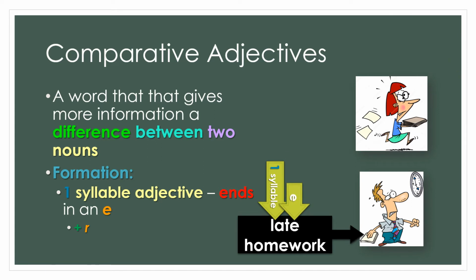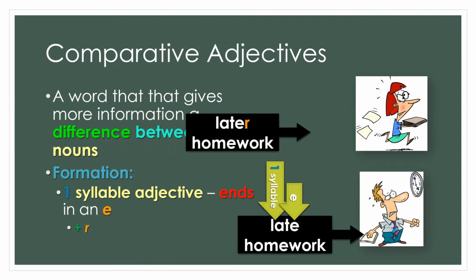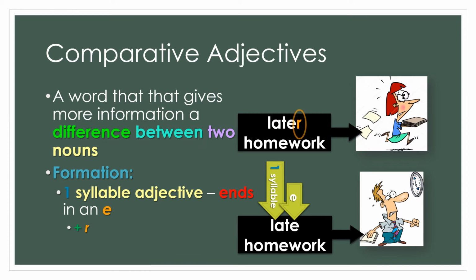The word late ends in the letter E. So to make the word late into a comparative adjective, you add the letter R. Later homework. This woman's homework is later homework than the other man's homework.